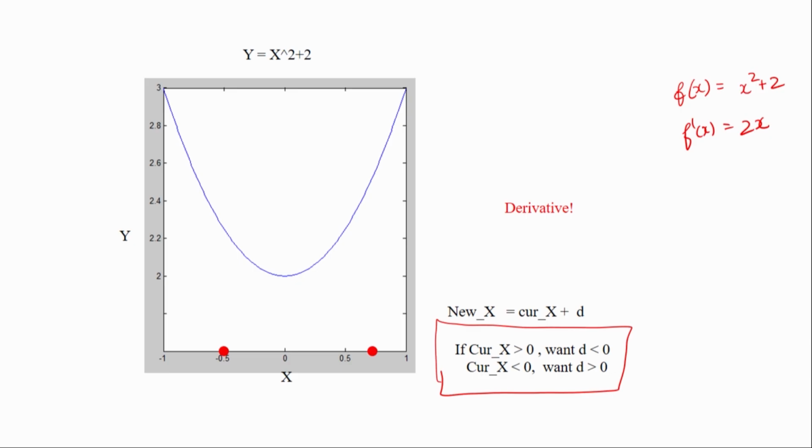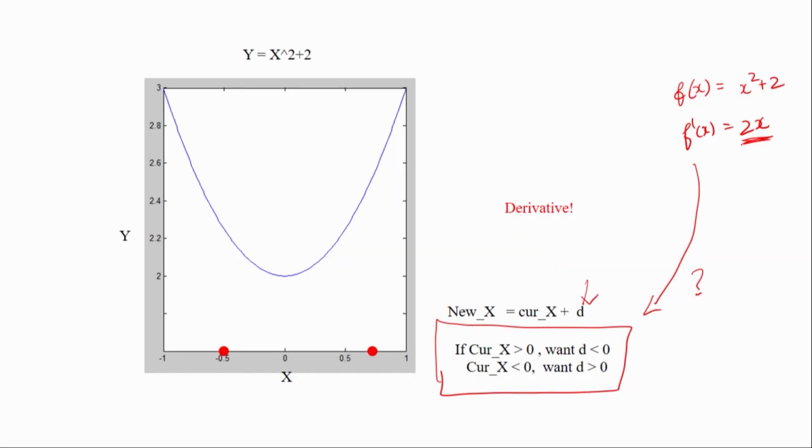Is this satisfying this? Which means, in this particular case, if your x is greater than 0, is your derivative less than 0? And if x is less than 0, is your derivative greater than 0? Is this satisfying this or not? You get what I'm asking? If this is the value that you're going to add at a given x to find your new x, is 2x satisfying this constraint?